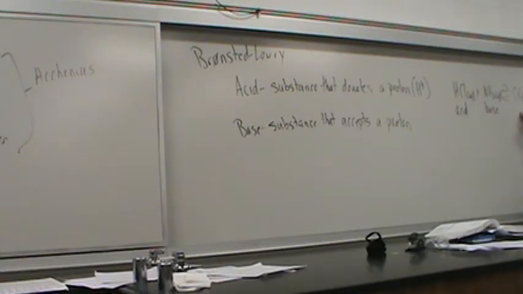Chloride ion has to be our conjugate base. It can't be a conjugate acid because it doesn't have any hydrogen ions to give out. Then ammonia was our base on the left-hand side, so the ammonium ion has to be our conjugate acid.